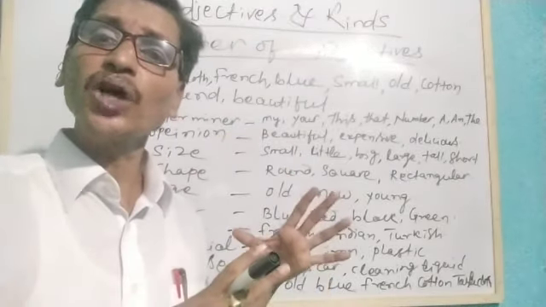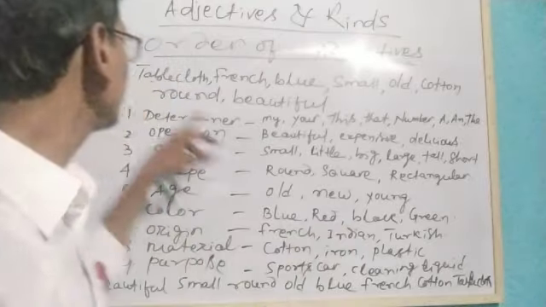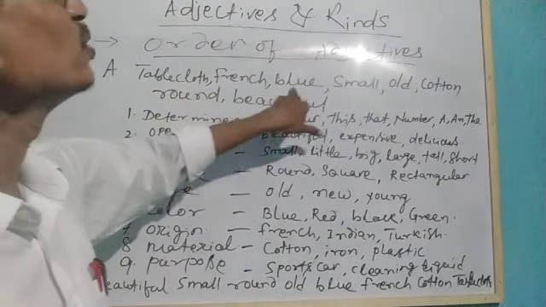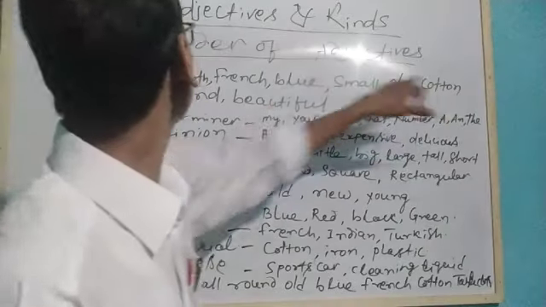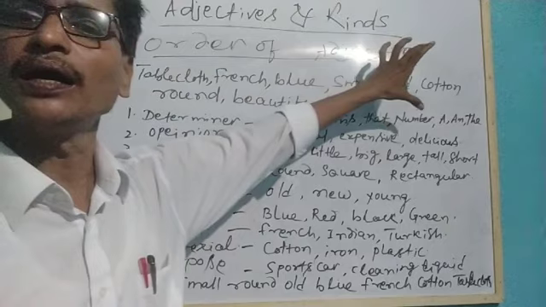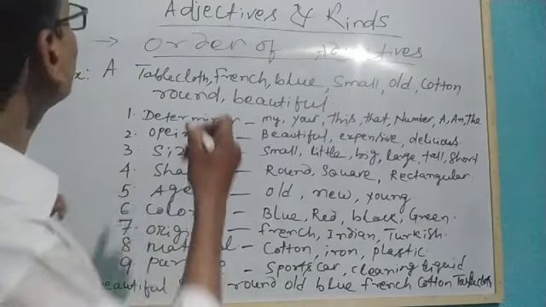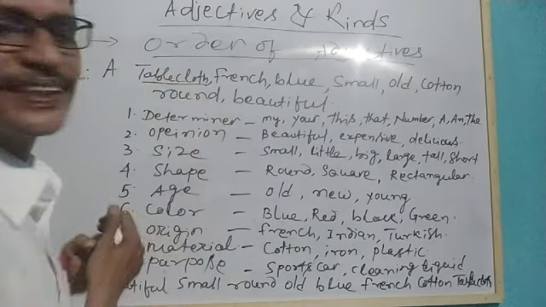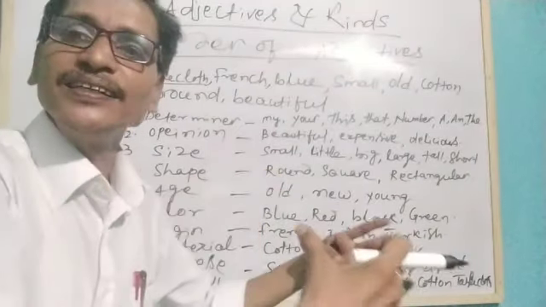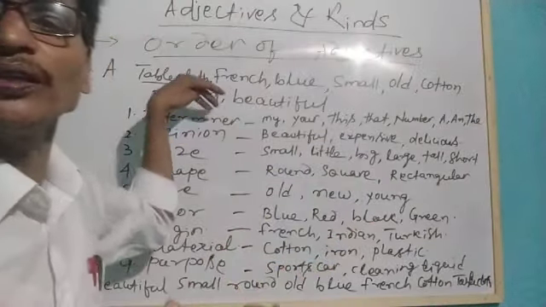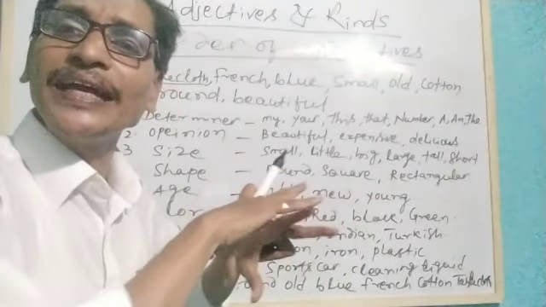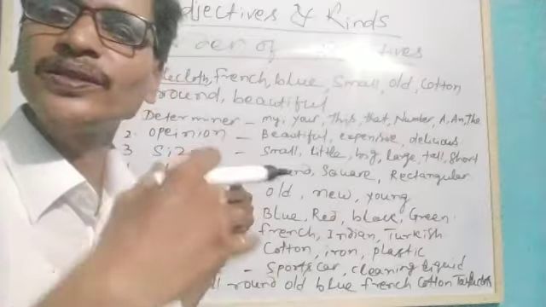These adjectives should be used before this tablecloth. They all modify the meaning of the tablecloth, but how can we use them in a specific order? What are those rules?